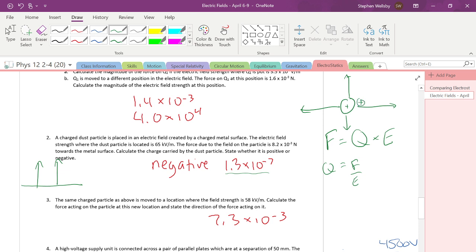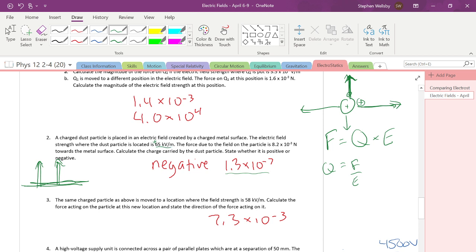If I put a positive particle here, it's going to move to the right, and if I put a positive particle here, it's going to move away from it. So in this case, the field strength is 65, and a positive value means away from. We'd call this a positive field value because it's moving away from the charged sphere. So for this metal object, the field is moving away from it because it's positive.